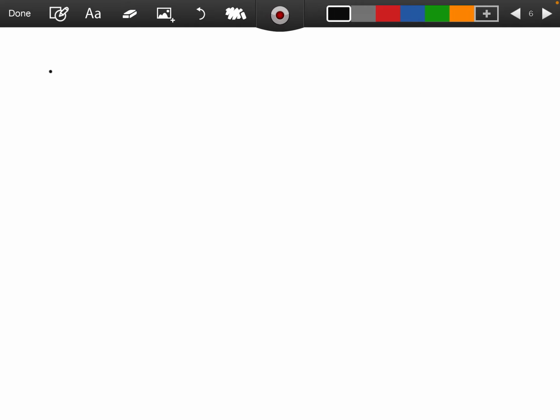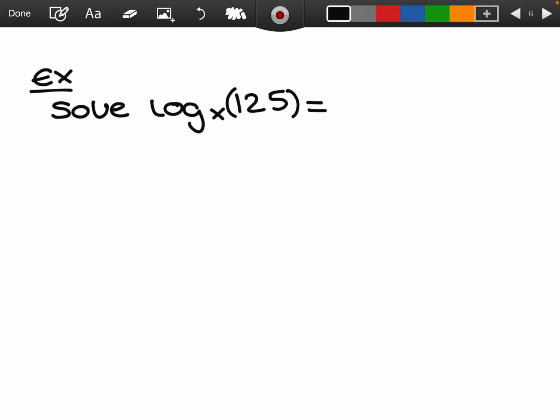Let's do another one. This time I'm going to solve log base x of 125 is equal to 3. This one looks slightly different because my unknown is actually my base, but I'm going to follow the same rule again.